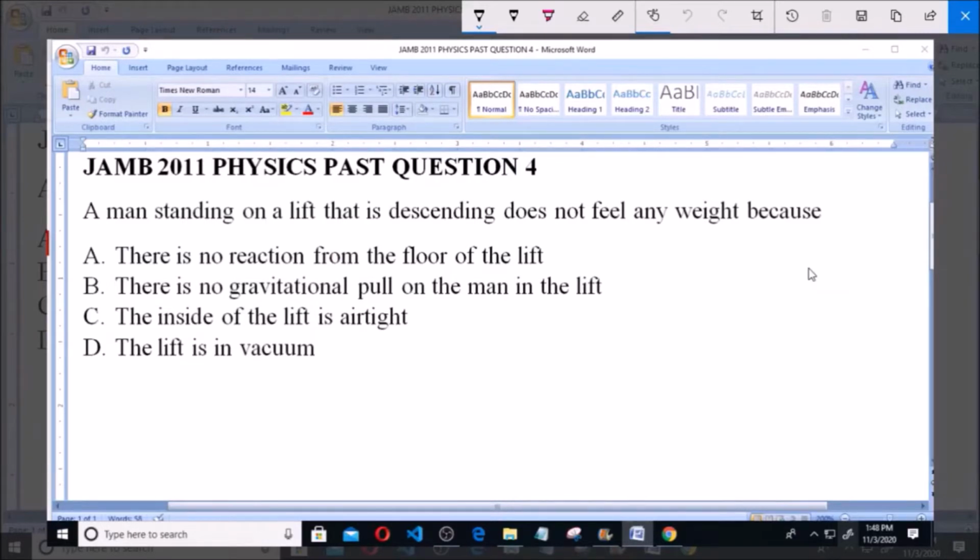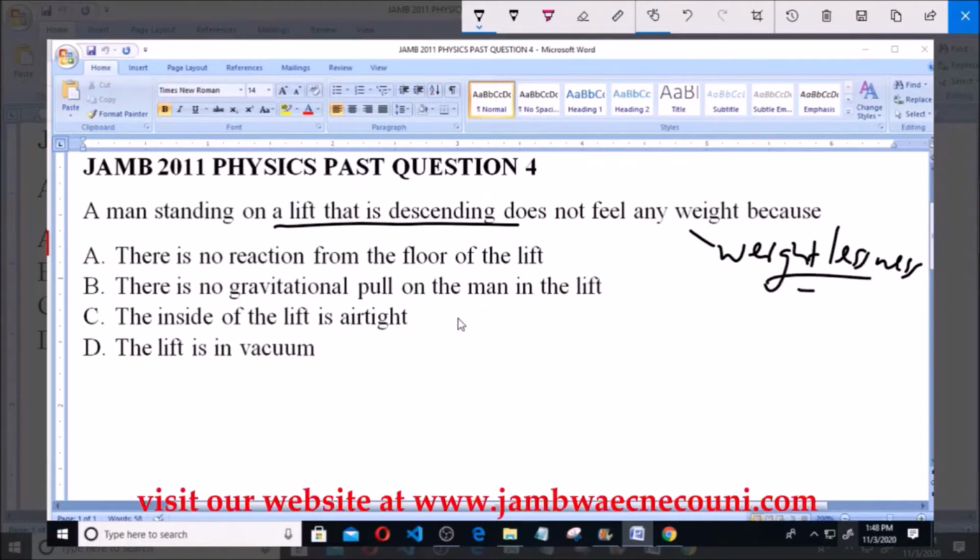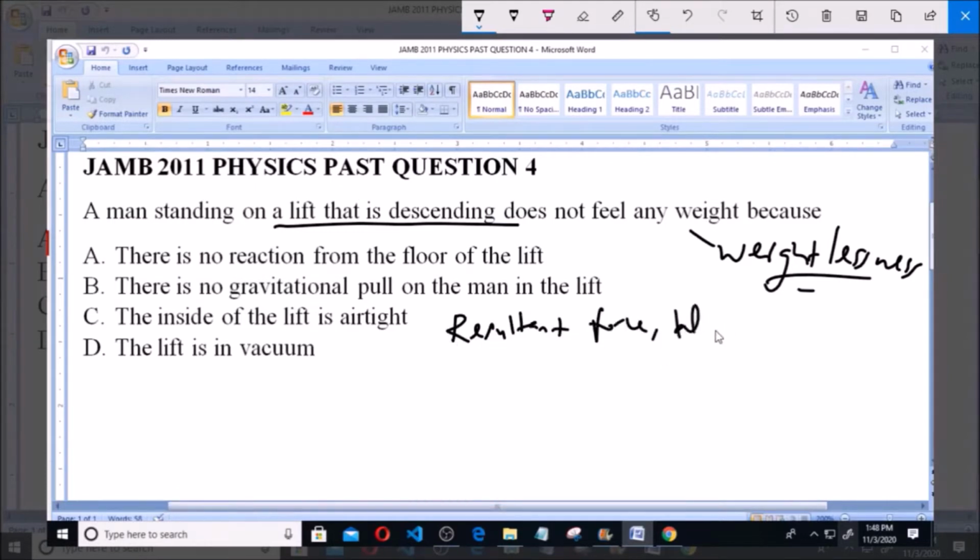So we are basically asked for the reason why a man standing on a lift that is descending experiences that feeling of weightlessness. Now, resultant force, which we represent as W, is usually given as mg, which is the weight of the object, minus the normal reaction.